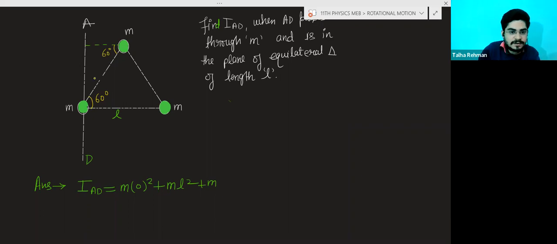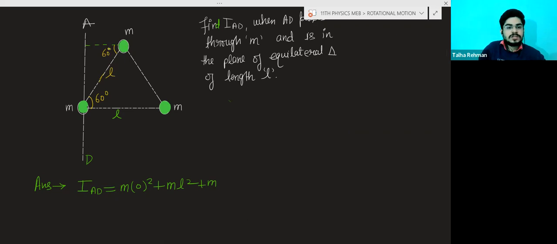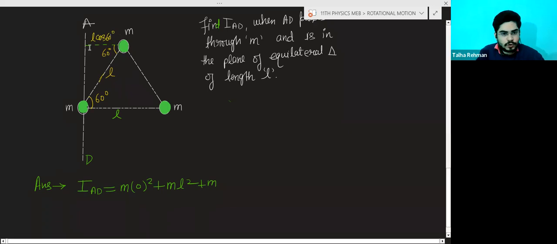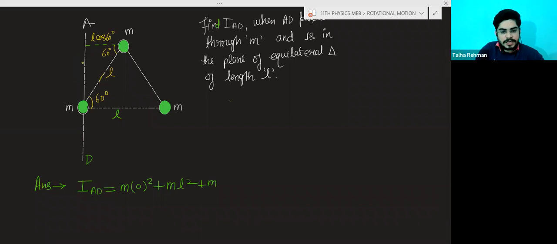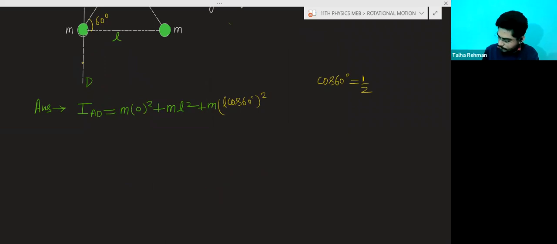This length is L, so taking the component, it will be L cos 60, and this other length will be L sin 60. So m into L cos 60 square, and cos 60 is 1 by 2.